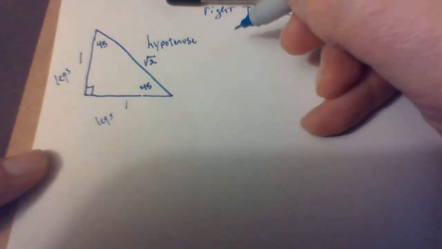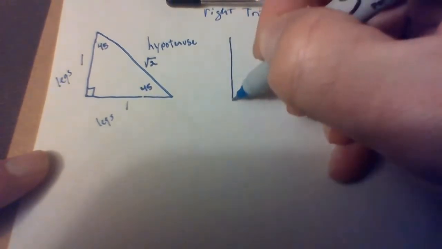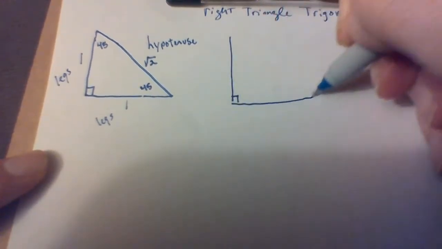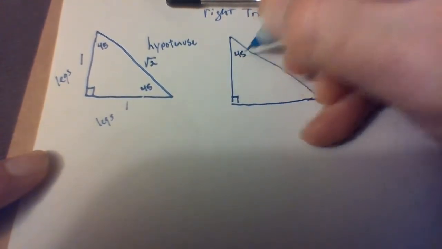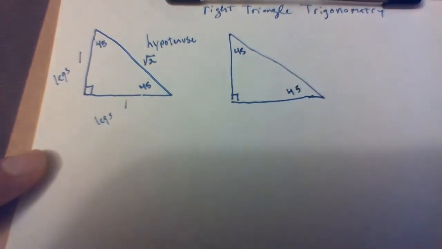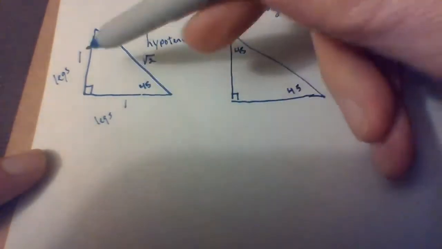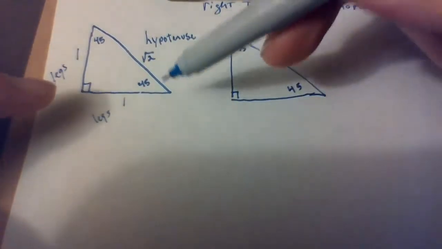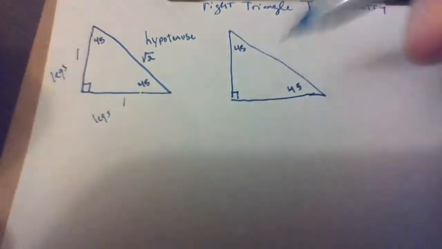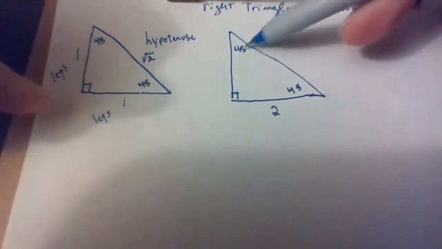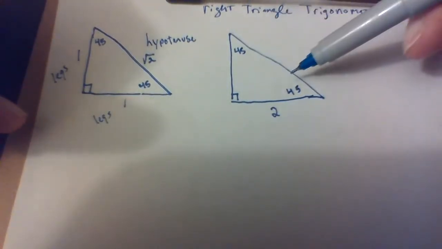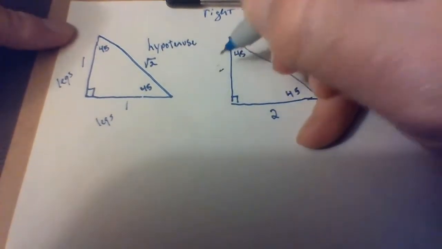Now, if I take a similar right triangle, and a similar right triangle is a right triangle where the angles are equal. So say those are both 45 degrees. And let's say instead of 1, I double that length. Just pretend this is double the length here. If I double that leg, in order for this to also be a 45-45 right triangle, these also have to be doubled.